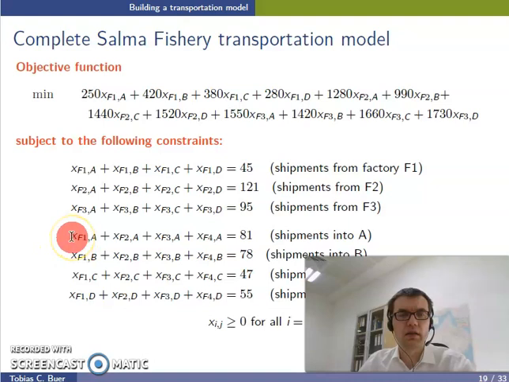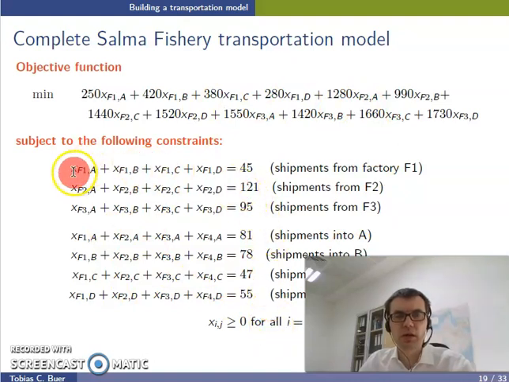In lines 4 to 7, I guarantee that my customers receive exactly what they demand. And finally, I tell the model that I'm only interested in values of our decision variables that are 0 or positive. Negative values are not allowed.